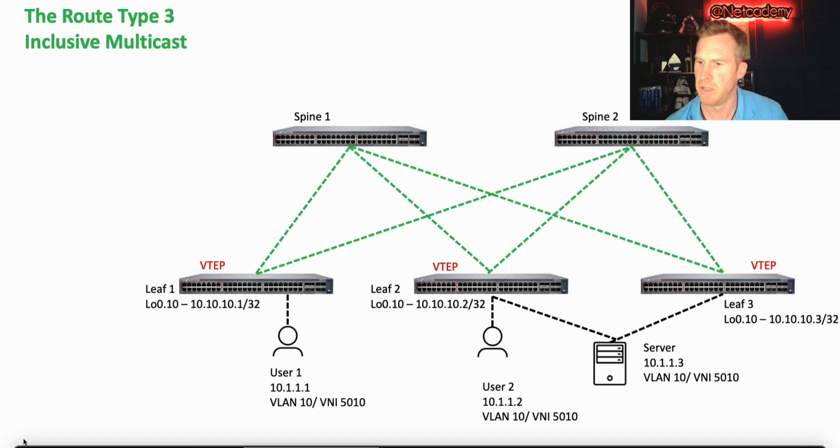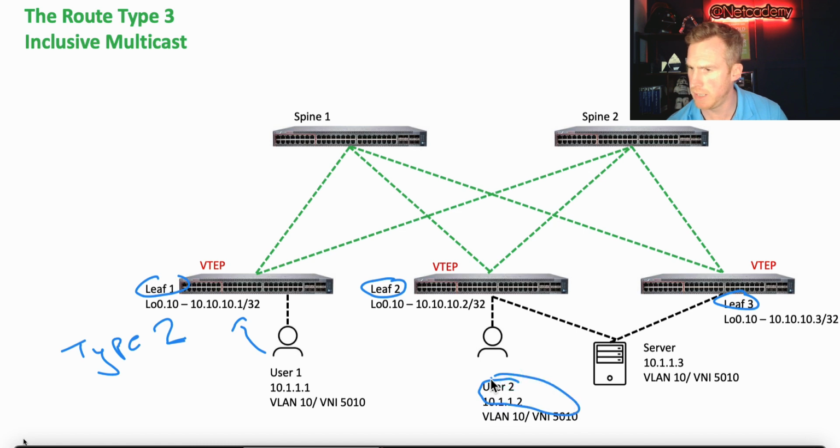So as I said, user 1 has sent BUM traffic into leaf 1, and leaf 1 knows via that type 2 update message that has been sent and received from leaf 2 and leaf 3 that both of these leaves have users in VLAN 10 connected, single-homed or multi-homed. They have these users connected to the same VLAN 10, out there in the network, i.e. within the EVPN virtual instance, in the EVI. And that's learned via the type 2.